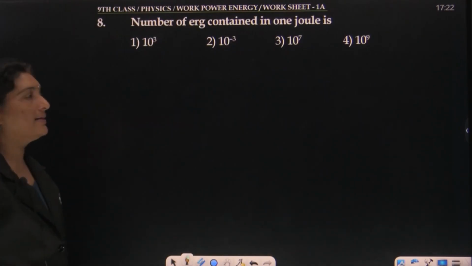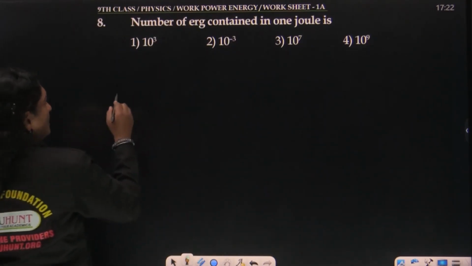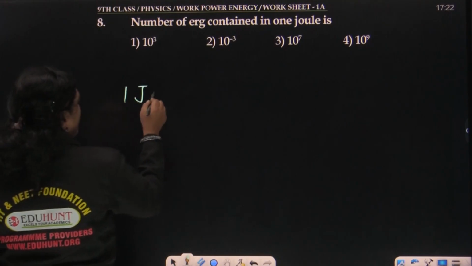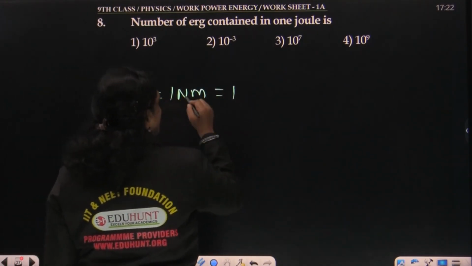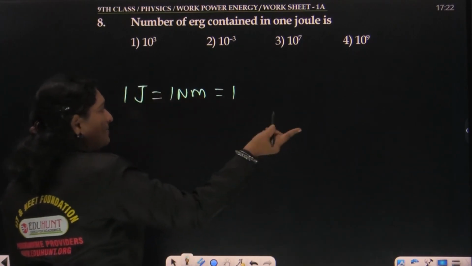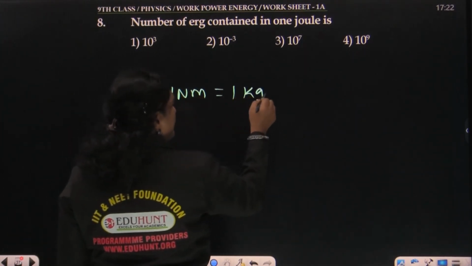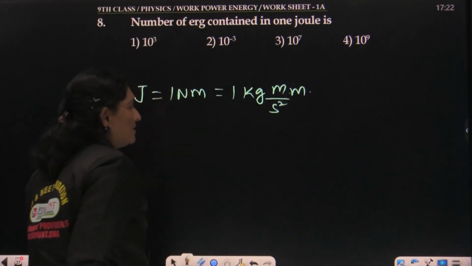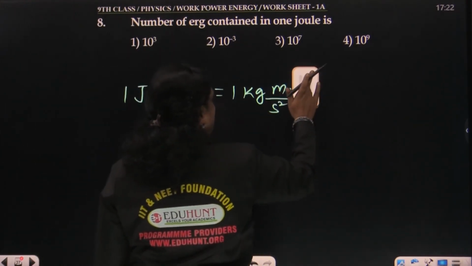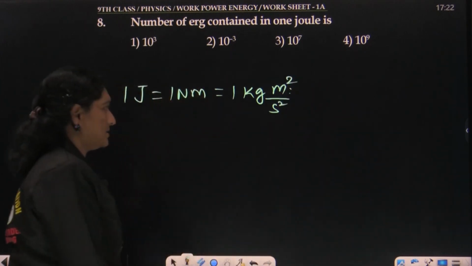Number of ergs contained in 1 joule equals to, we already solved this, children. So 1 joule is equal to 1 Newton meter, which is also equal to, Newton means force, force means mass into acceleration, mass in kg, acceleration in meter per second square, multiplied by meter. So this is equal to kg meter square per second square.